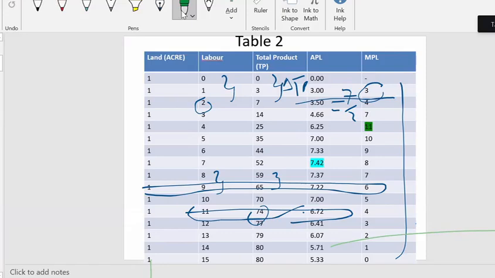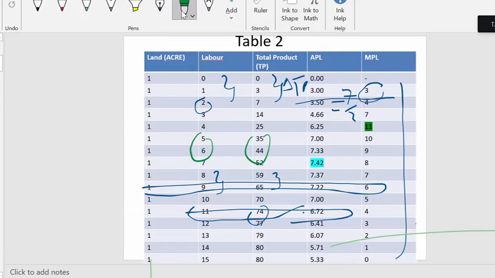It is 35, so 35 to 44. What is the difference here? It is 9. And from 5 to 6, the difference in labor is 1.